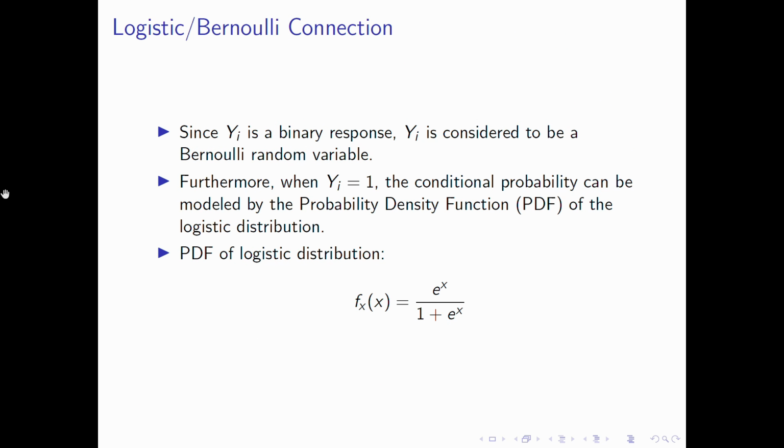Since yi is a binary response with form 1 and 0, yi can be considered to be a Bernoulli random variable. So when yi equals 1, the conditional probability is easily modeled as the probability density function of the logistic distribution.